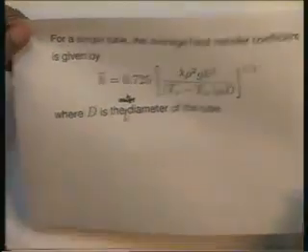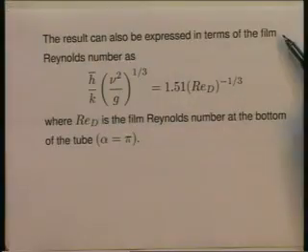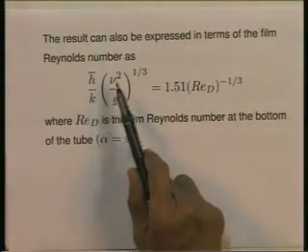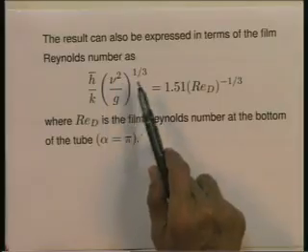Now, having done this, it is possible also to express the result in terms of a film Reynolds number, exactly as we did for a vertical plate. So, the result can also be expressed in terms of the film Reynolds number as, and this is the result, h bar by k within bracket nu squared by g to the 1/3.